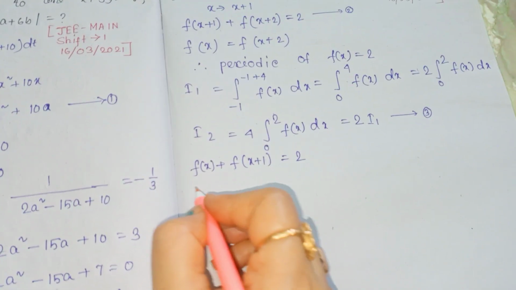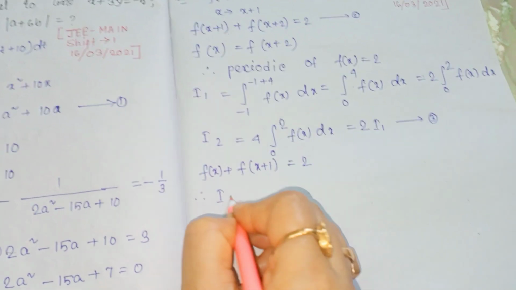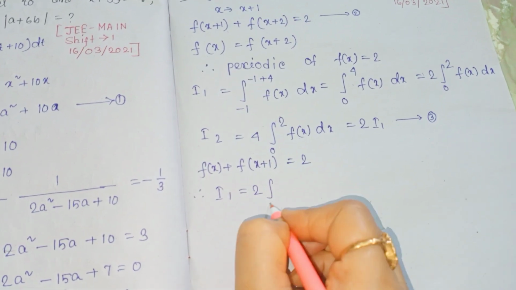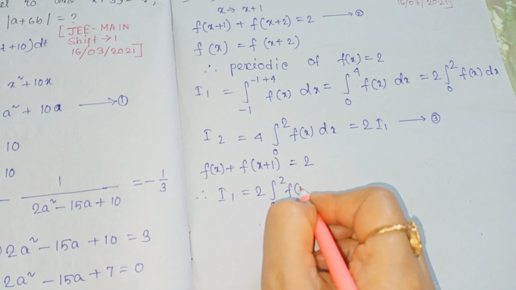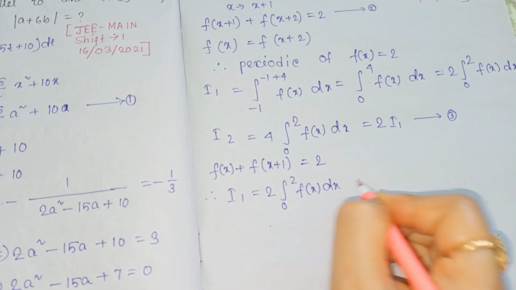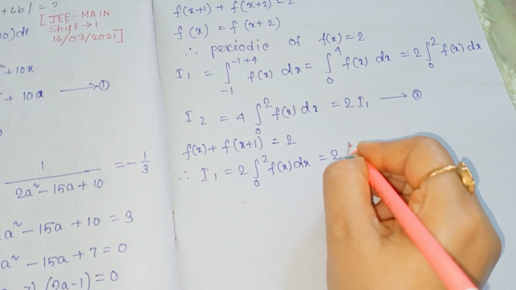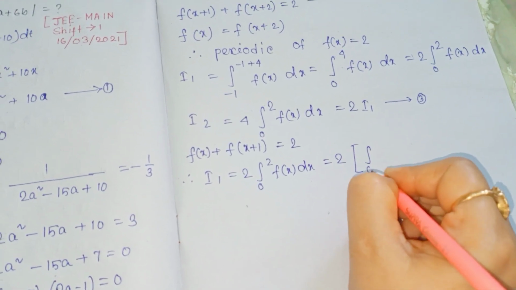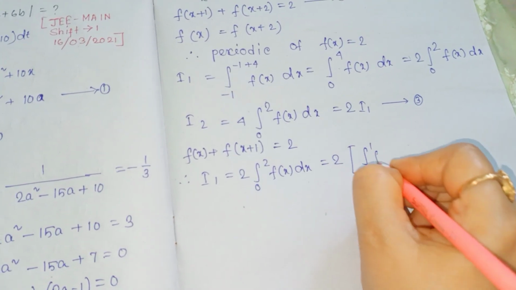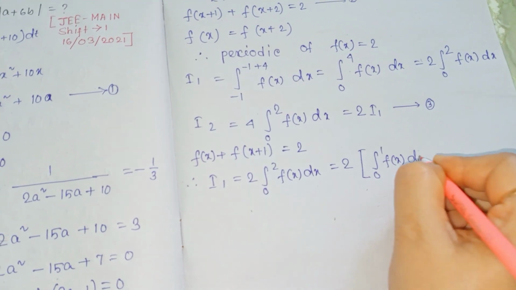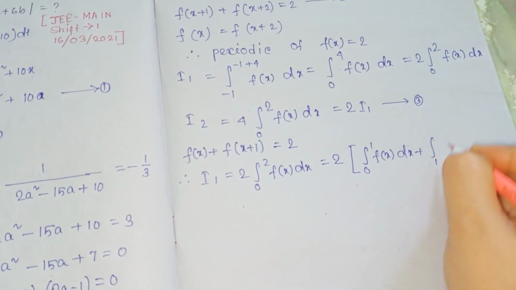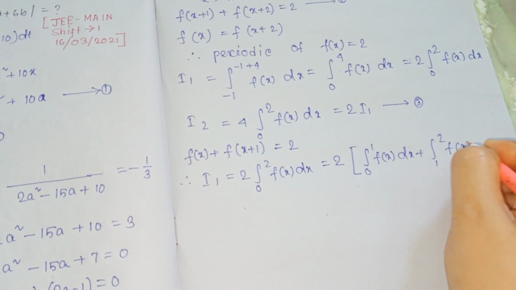So I1 is equal to 2 into the integral from 0 to 2 of f(x) dx. So here we get 2 into the integral from 0 to 1 of f(x) dx plus the integral from 1 to 2 of f(x) dx.